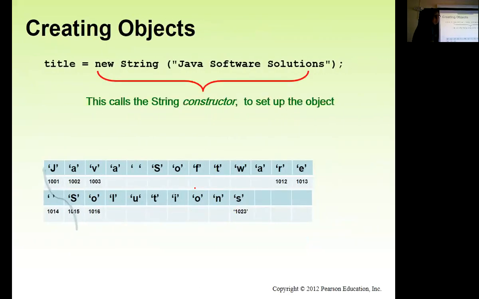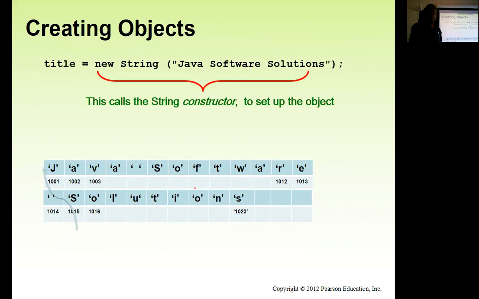So title calls a String constructor to set up the object. And what ends up happening, as you see in the line here, is that title is pointing to a group of characters in memory. Let's say the first character is at position 1001, as you see there.